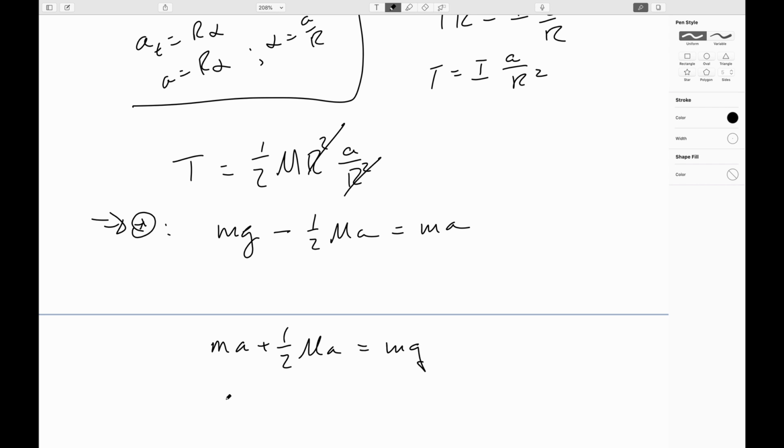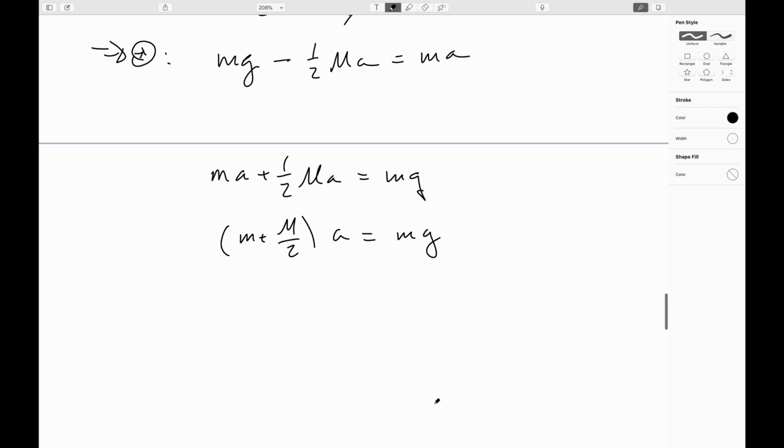We can group out an a. Little m plus big M over 2, times a, equals little mg. Then finally divide through by the things in the parentheses. So little a is equal to little m over little m plus big M over 2, times g.